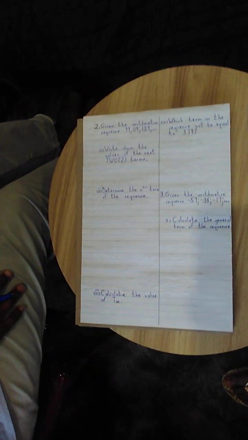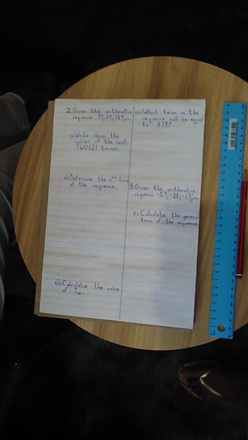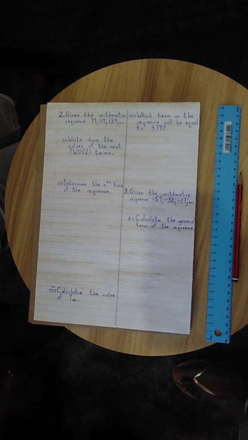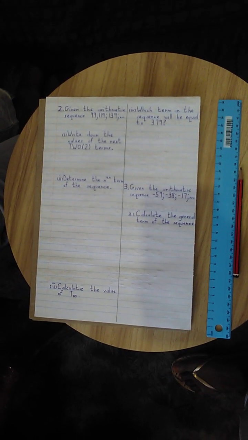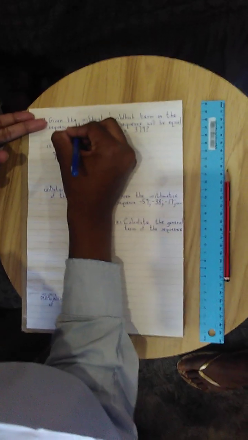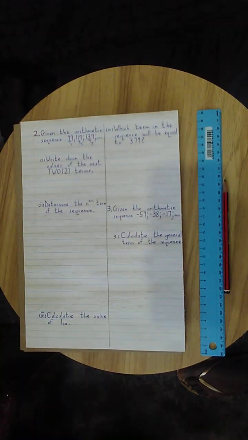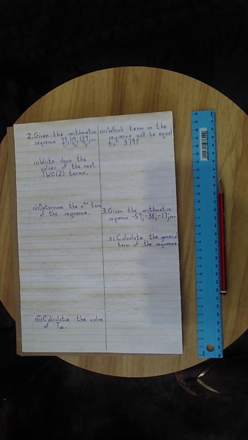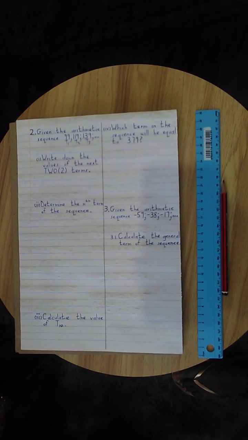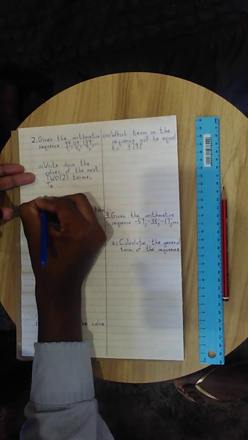Okay, then number 2, the question states, given the arithmetic sequence 99 followed by 119 followed by 139 and then others, right? So let's just label them. This is T1, this is T2, this is T3. Roman numeral number 1 states, write down the values of the next 2 terms. So the next 2 terms we need T4 and then we need T5.